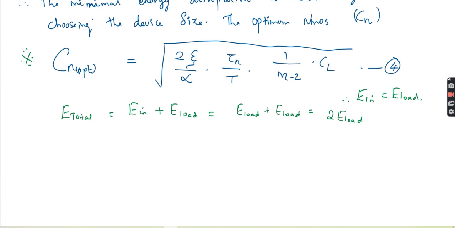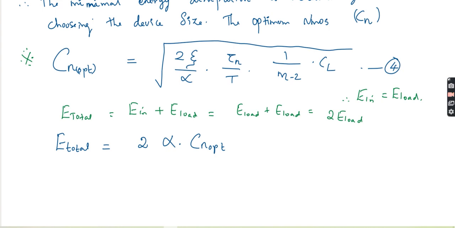So now we need to substitute and get the expression. E total is equal to 2 times alpha into Cn. Instead of Cn, we have to write Cn OPT.